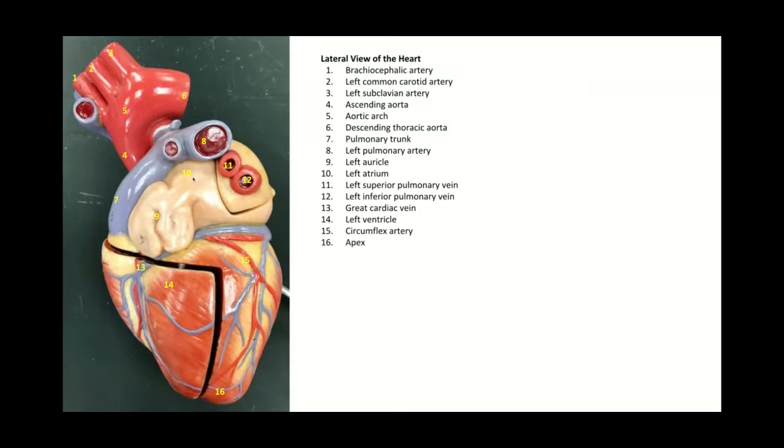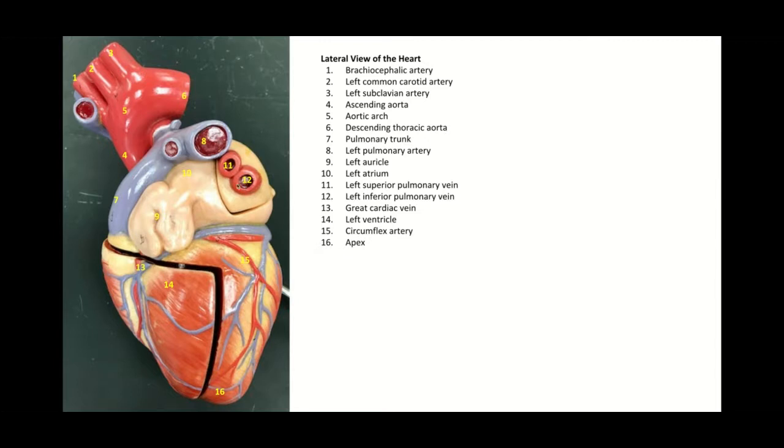Number 10 is your left atrium, and number 9 is the blind pouch or the blind sac which is attached to left atrium, and we call it left auricle. You have number 11 and 12 here, the left superior pulmonary vein and the left inferior pulmonary vein.